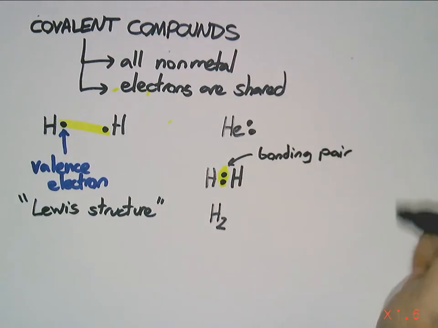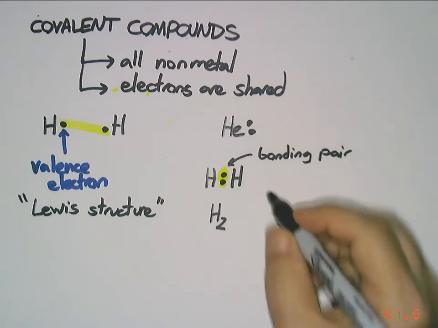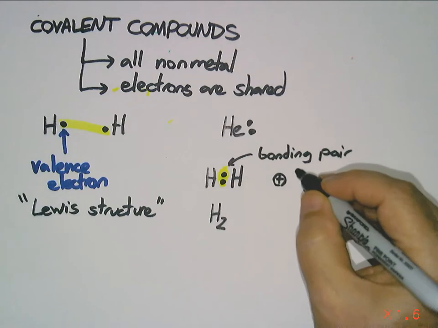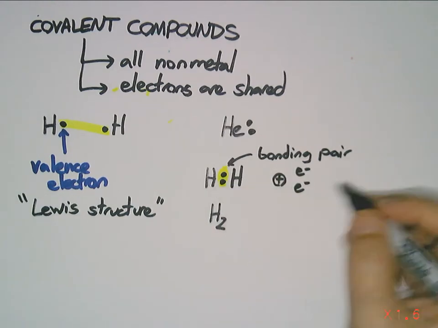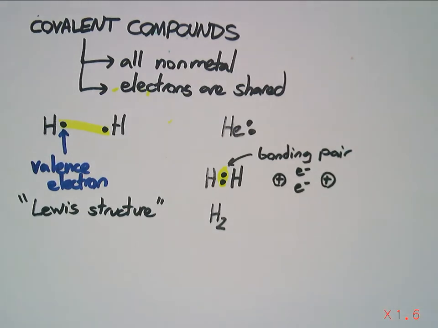How does it bond the 2 atoms together? We'll look a little bit more closely at what I've got here. I've got a hydrogen nucleus on this side, an electron here, that's that dot, an electron here, that's that dot, and another hydrogen nucleus there. How is this going to be stuck together?